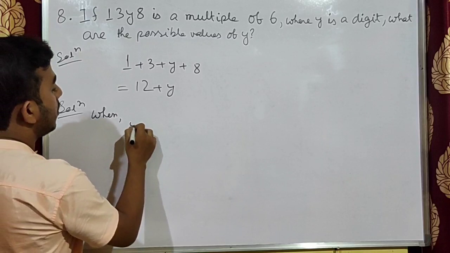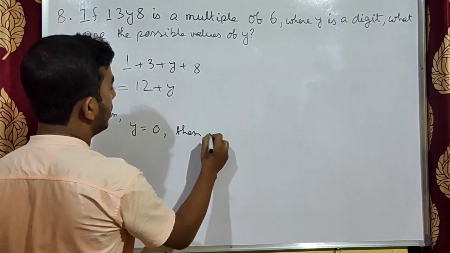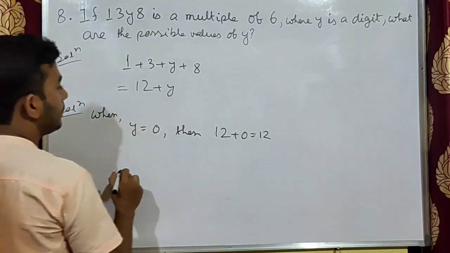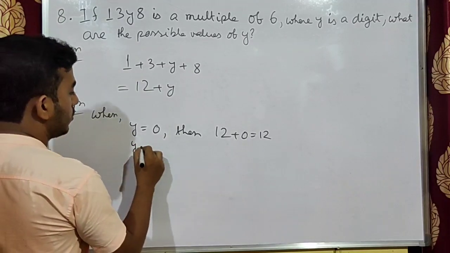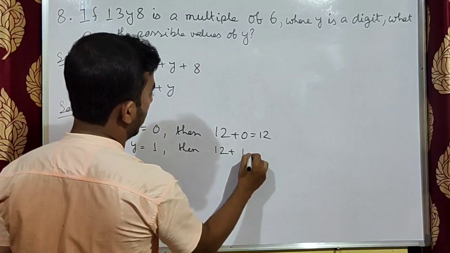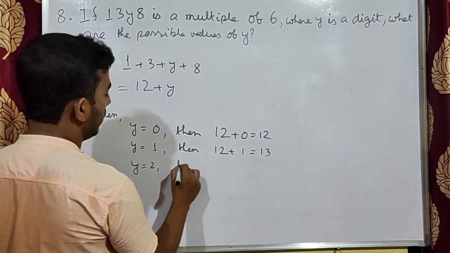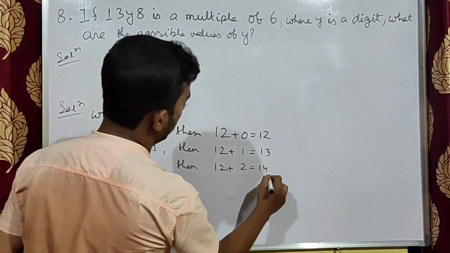When y equals 0, then 12 plus 0 equals 12, isn't it? Y equals 1, then 12 plus 1 equals 13. Y equals 2, then 12 plus 2 equals 14.